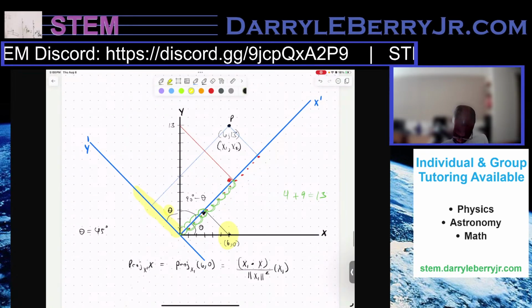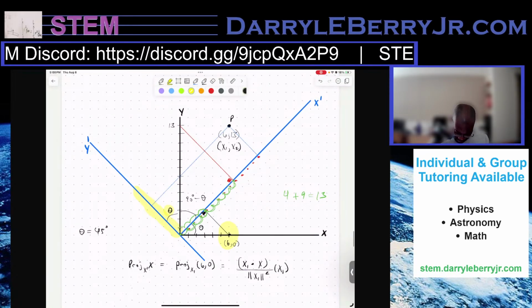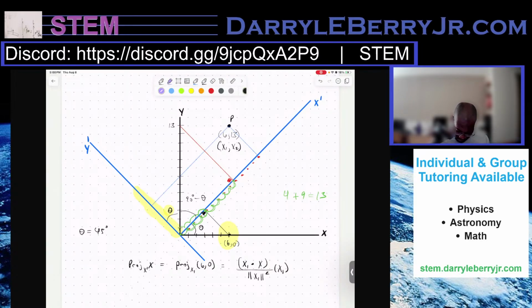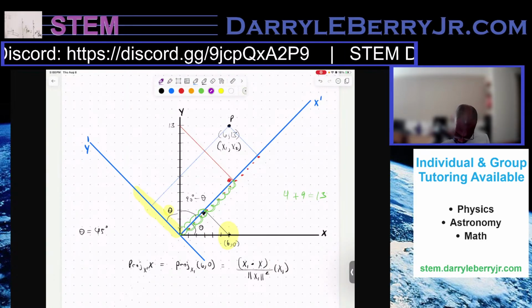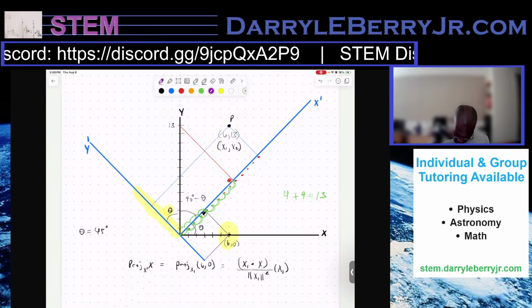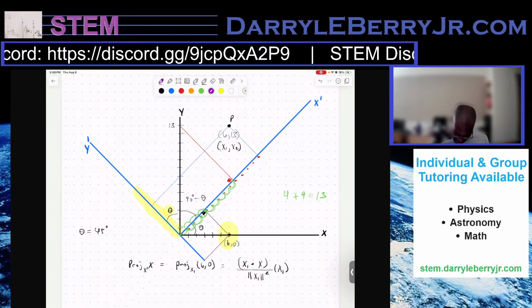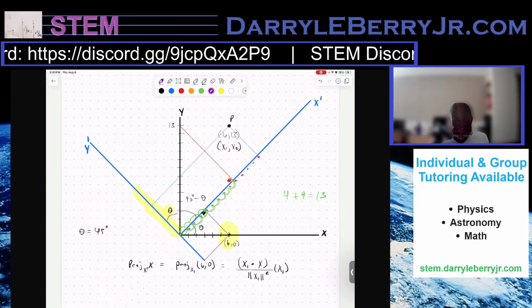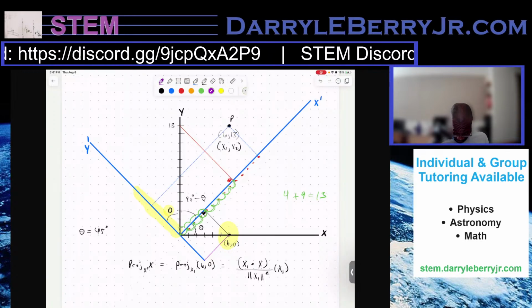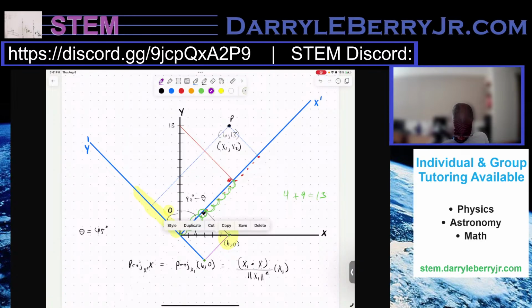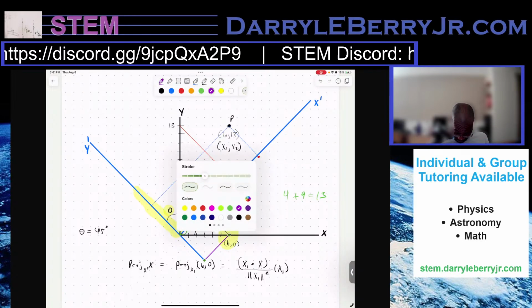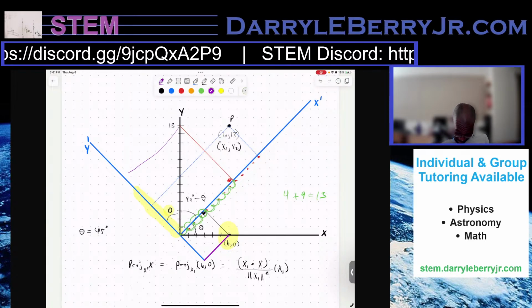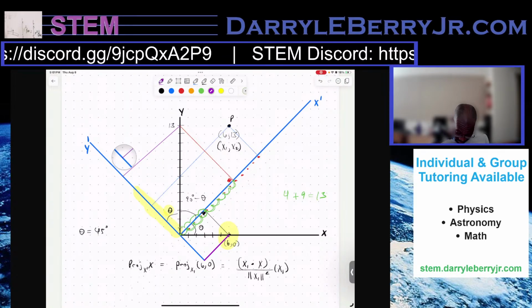All right. So the projection, I'll use purple. Projection of x onto y prime is there, which is negative, and the projection of y onto y prime is here, which is positive.